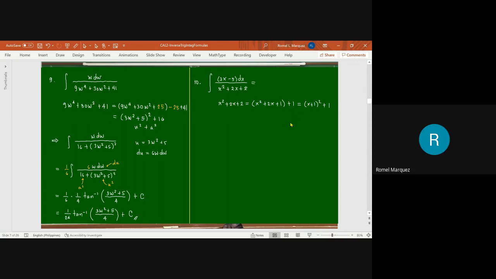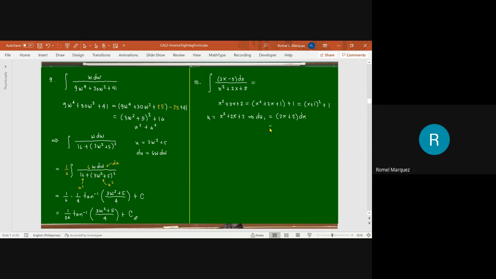Okay? Pero kapag gusto mo naman differential du over u, if this is my u, let's say if I take this as my u, x squared plus 2x plus 2, what is supposed to be my du, guys? 2x plus 2 po. 2 dx, quantity dx.